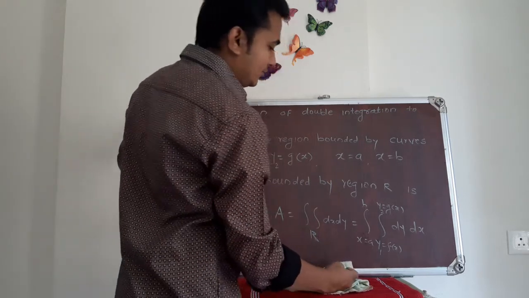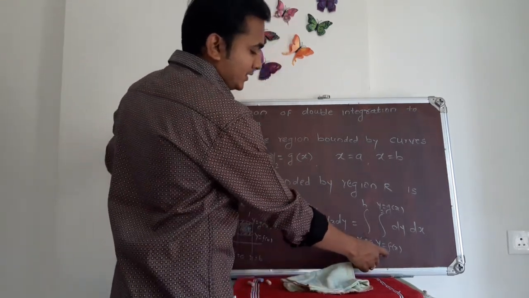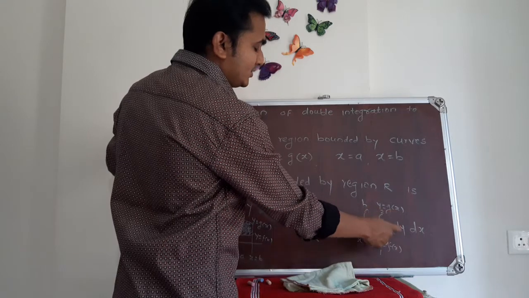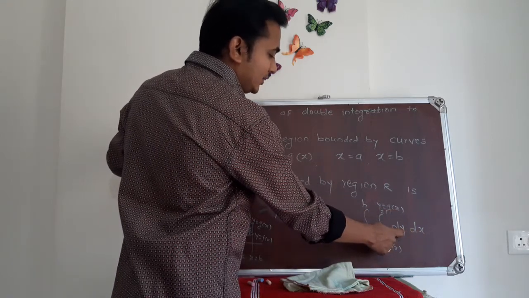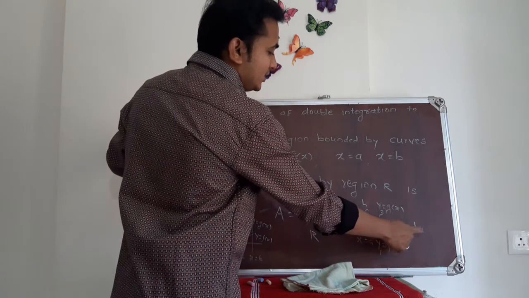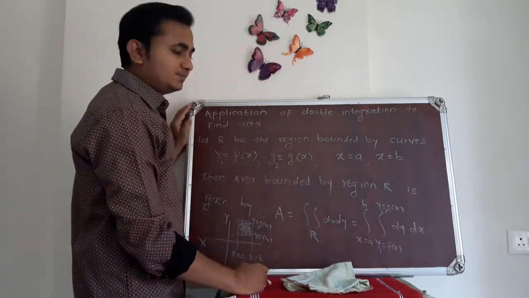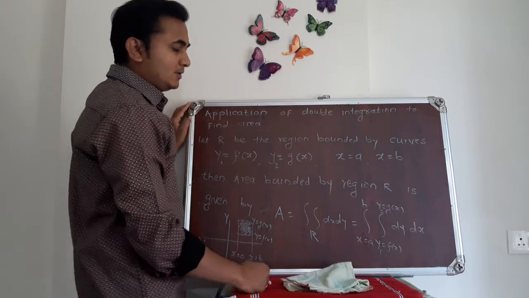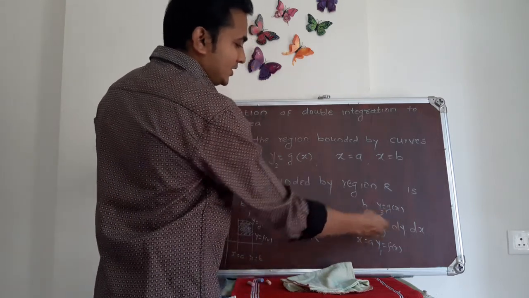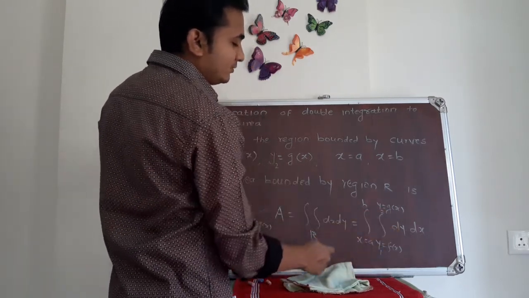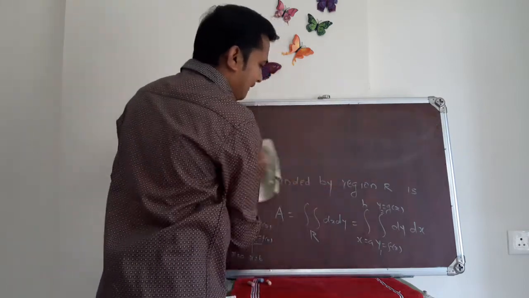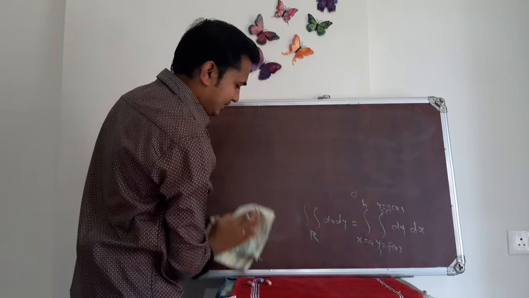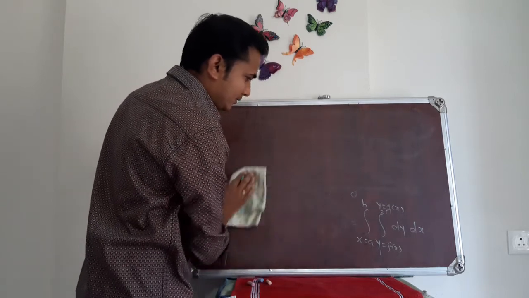Okay. Or if you substitute limits, then y is equal to f of x to y is equal to g of x, and therefore you have to integrate with respect to y first and then with respect to x. So if you observe, if you integrate this, what does it become?